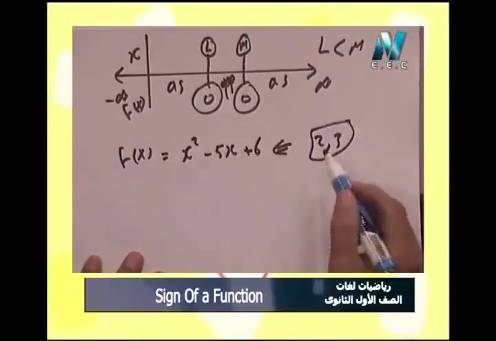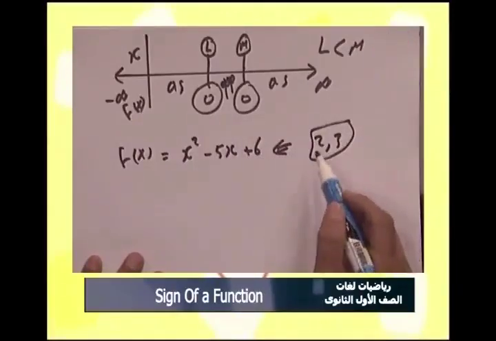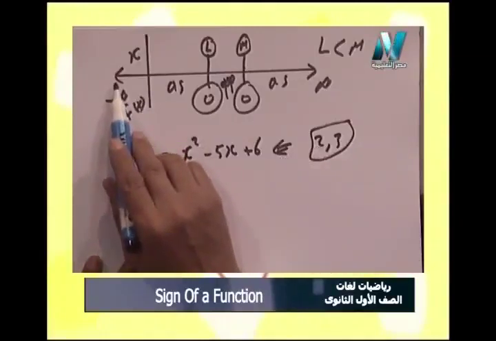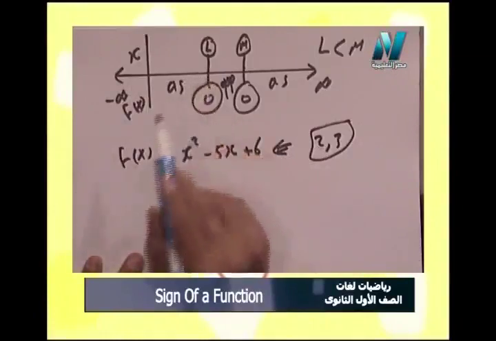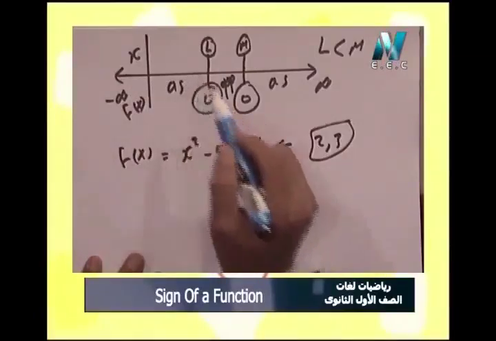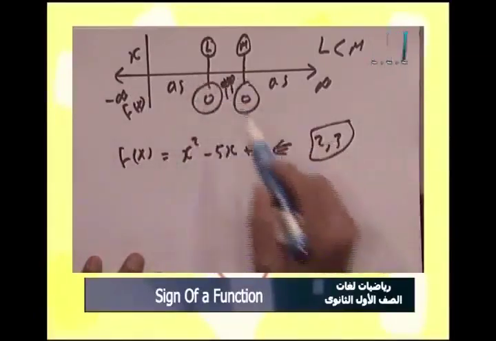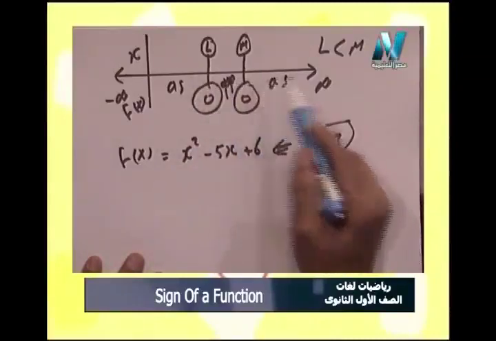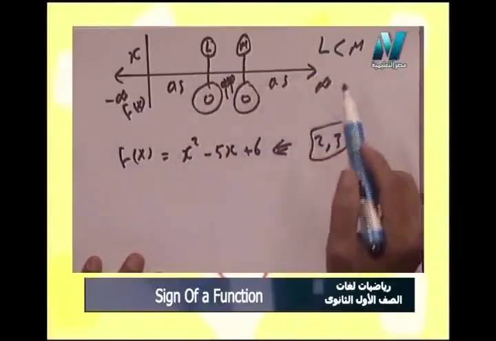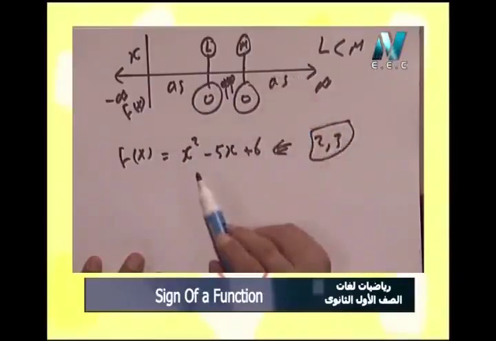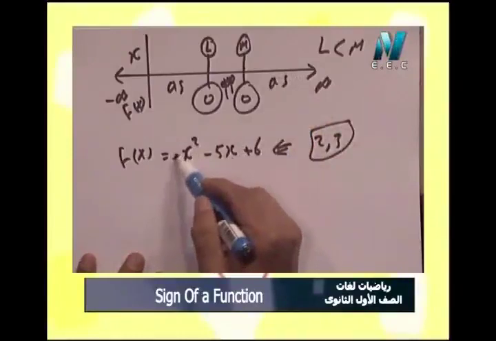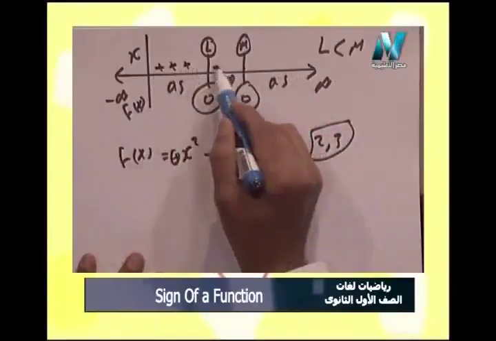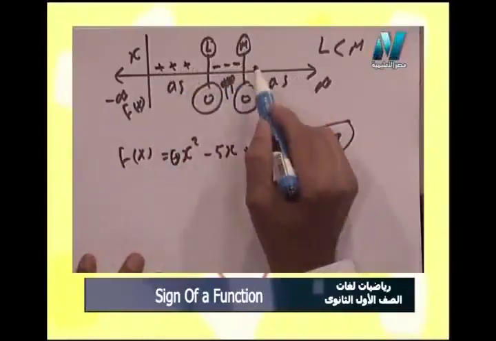We find that from negative infinity to 2 it will be as the coefficient, between 2 and 3 it will be opposite, which is negative, and after 3 to infinity it will be positive as well. So here it is positive, here negative, and here positive.